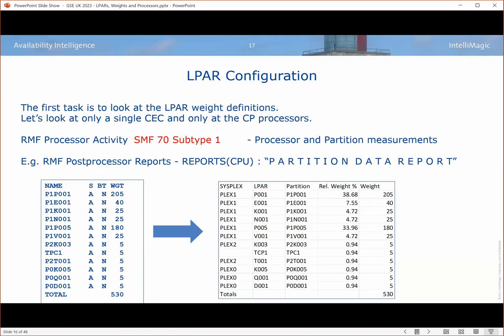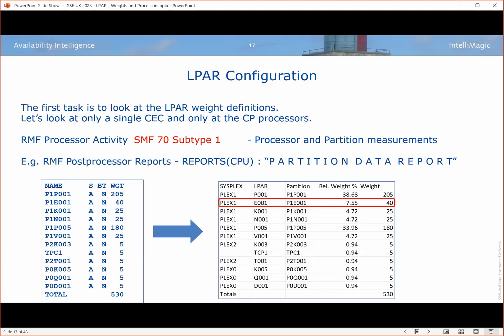Okay, so how does all this hang together? So we started with the LPAR weights. So let's look at that. I'm using an RMF report here, SMF 70 subtype 1, the processor and partition measurements. On the left, you will see what we see in RMF with the partition names. And on the right, I've just placed that into an Excel table for us. And our example LPAR is E001. That's partition P1 E001.